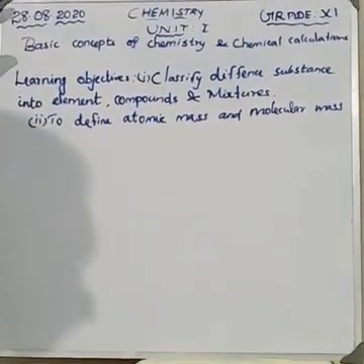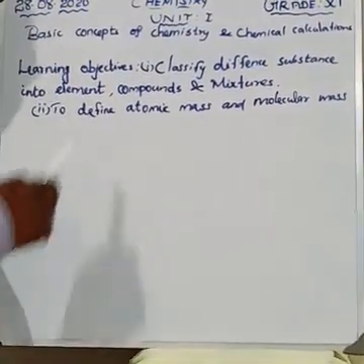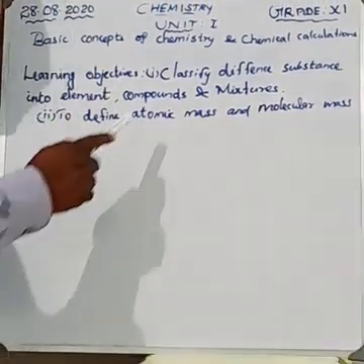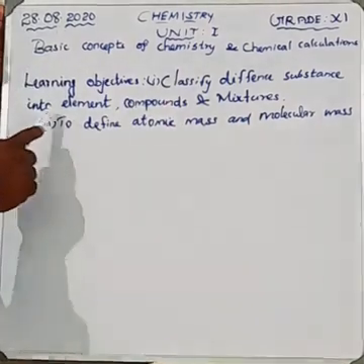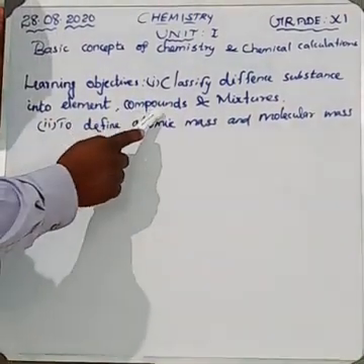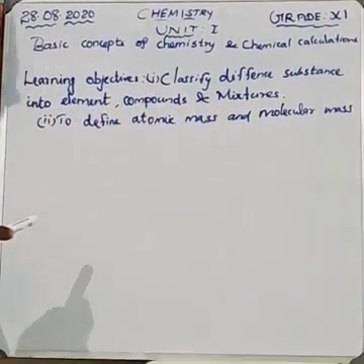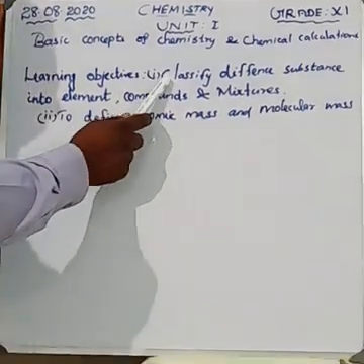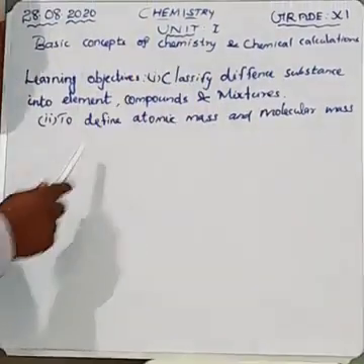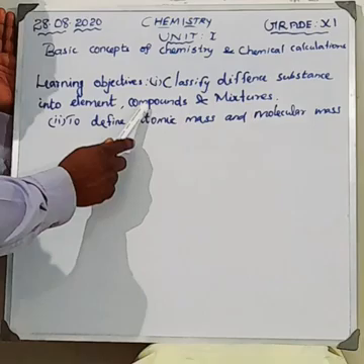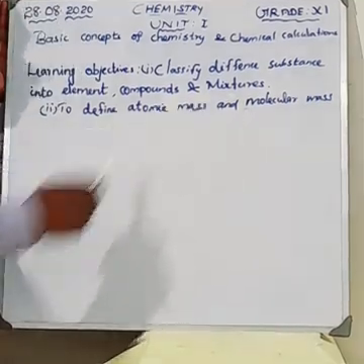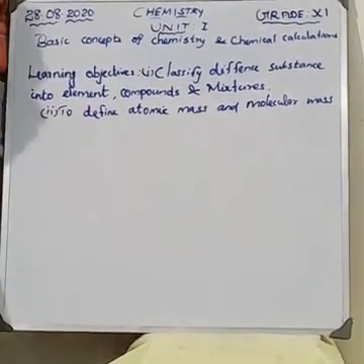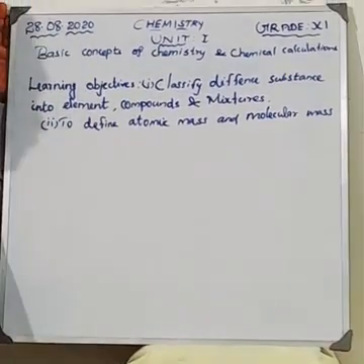Here, what are the learning objectives? Classify different substances into element, compound and mixture, and also define atomic mass and molecular mass. These are the two learning objectives for today's class.